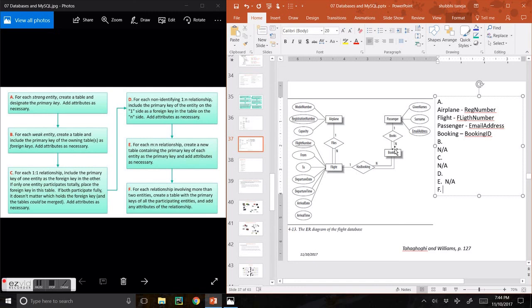This diamond has two entities connected to it, that means two rectangles, two entities. Here the statement says for each relationship involving more than two entities. So clearly, looking at these three, there's no relationship in this example that has more than two entities involved. So F would also be not applicable.